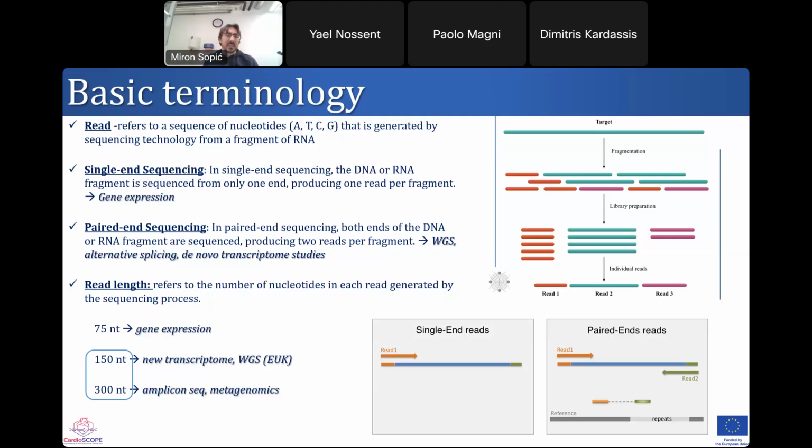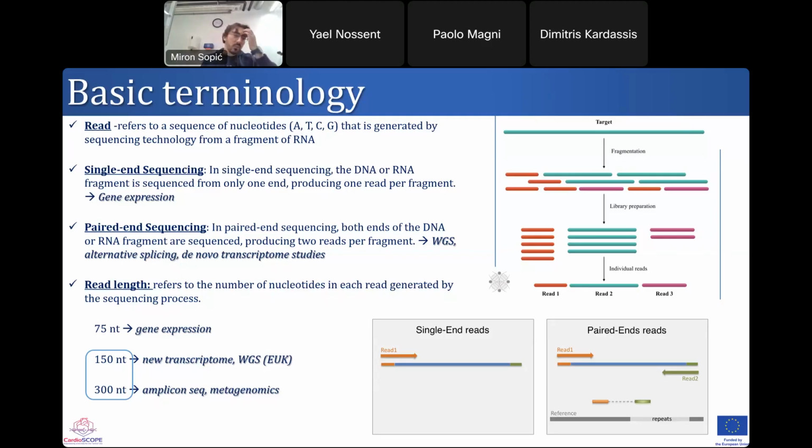So basically, as the names suggest, single-end sequencing involves sequencing from just one end, and paired-end sequencing sequences your particular sequence of interest from both sides. So you get two pieces of information per one sequence, which of course increases the precision and accuracy of the sequencing. Read length is basically the number of nucleotides in each read generated by the sequencing process.